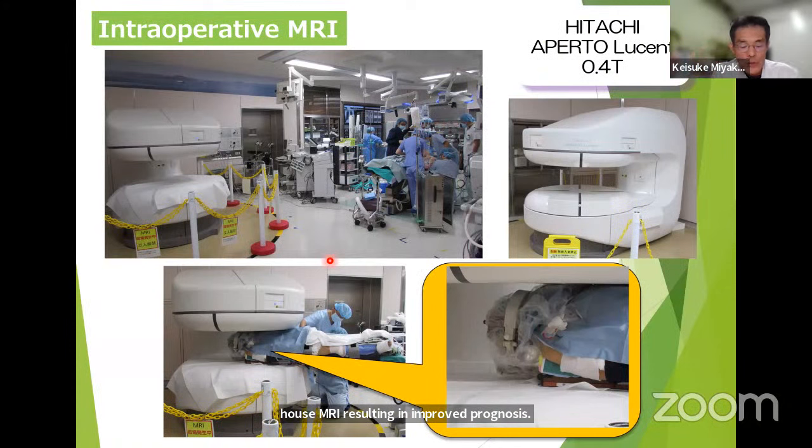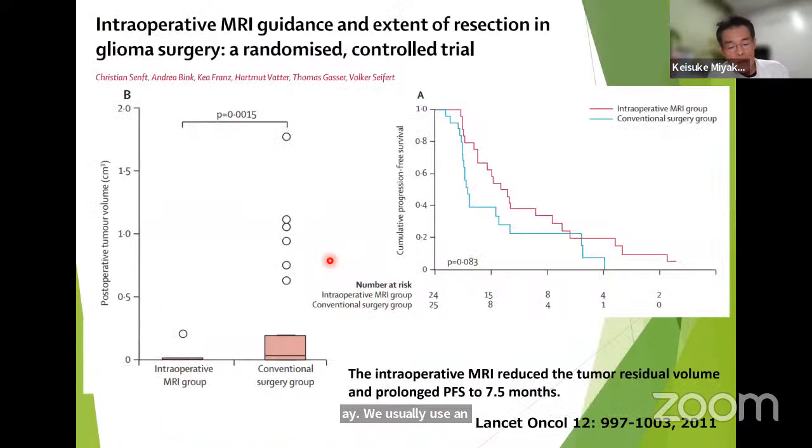To reduce the tumor residual volume, we usually use an intraoperative MRI. This paper shows the intraoperative MRI reduced the tumor residual volume and prolonged progression-free survival to 7.5 months.